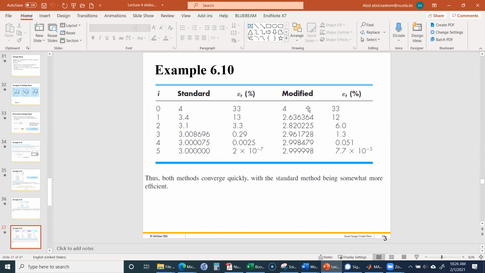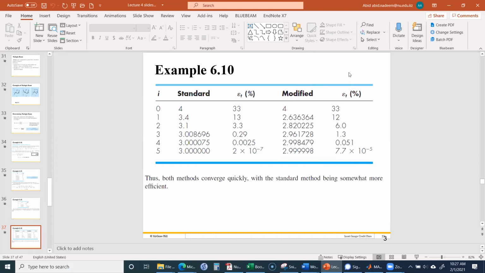But in the modified method, we also get the single root, but at slightly less accuracy, and you can see that the percentage error is slightly more. So in this case, you can see that for the case of the single root, there is no specific advantage for using the modified method.